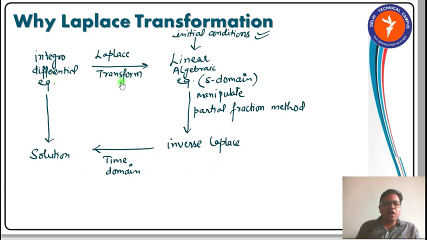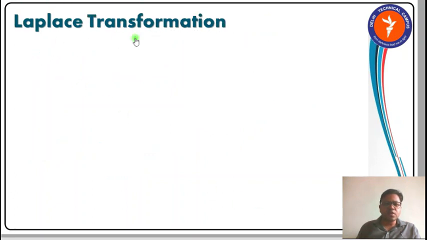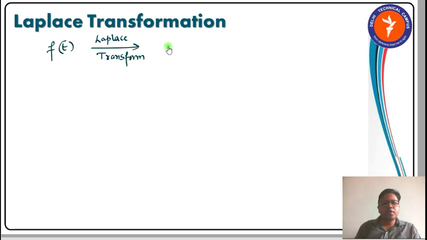Let us now define how a Laplace transform converts the time domain equation into an S domain equation. Suppose we have a function f of t which needs to be converted into S domain by Laplace transformation, then we get another function in S domain.